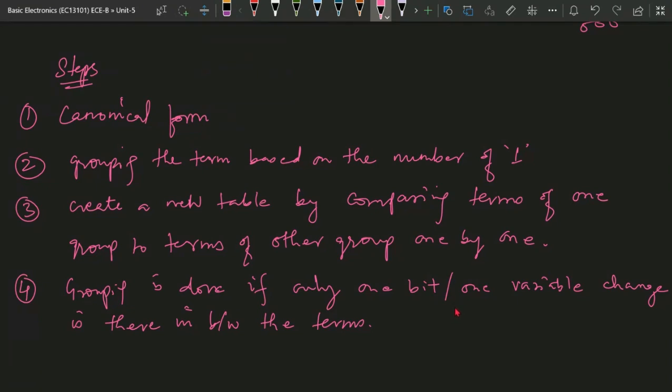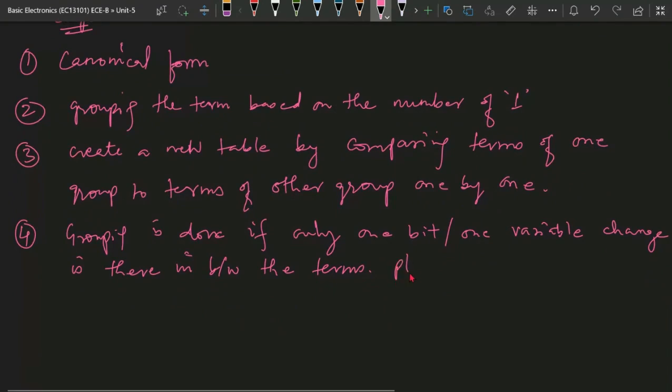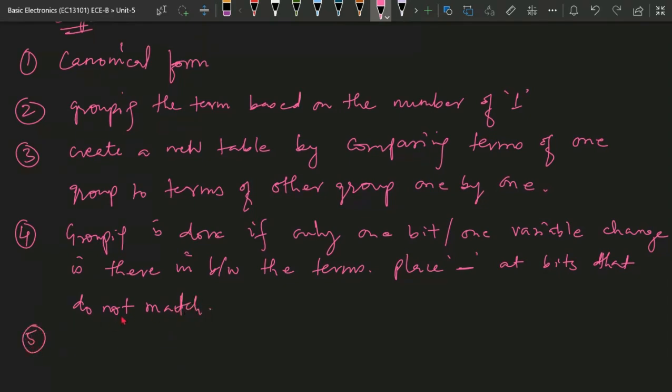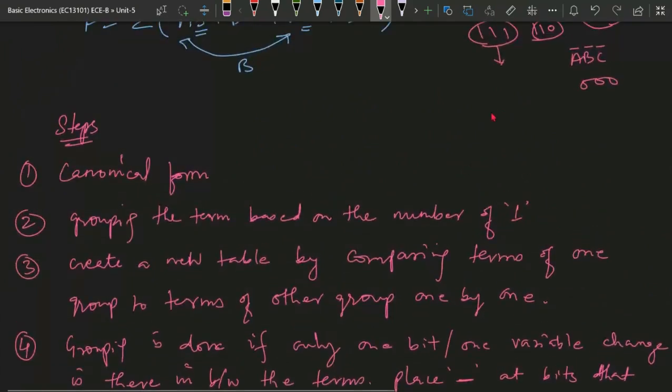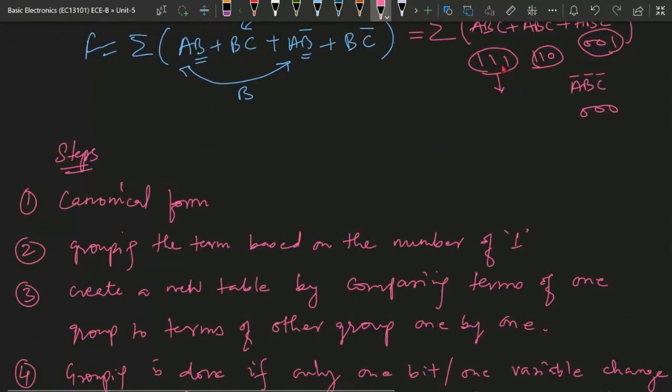So the grouping will be done with respect to only one bit change. And where is the change? We will place a dash at bits that do not match. That means if we are comparing three bits from here and three bits from here, one is matching but the last bit is not matching.